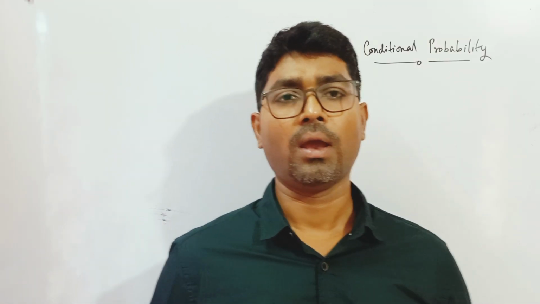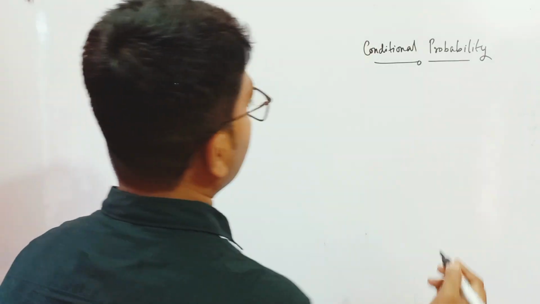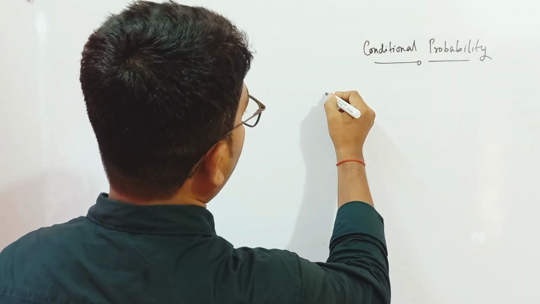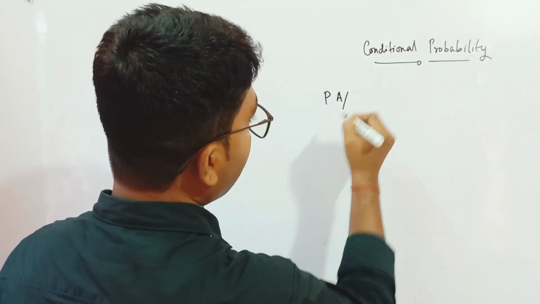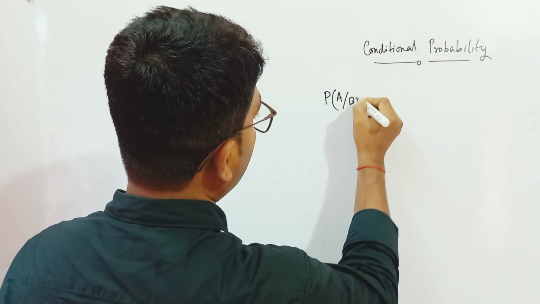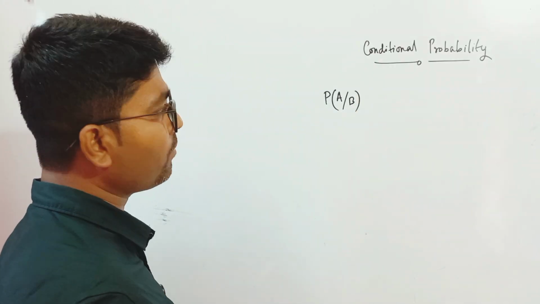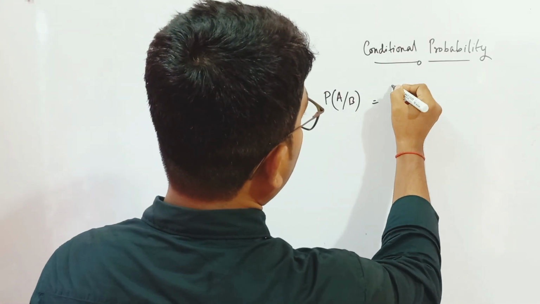So before going to the formula, let us quickly recall conditional probability. Now, if we want to find the probability of A when B has already occurred, we write this probability in this form. And what is its definition?